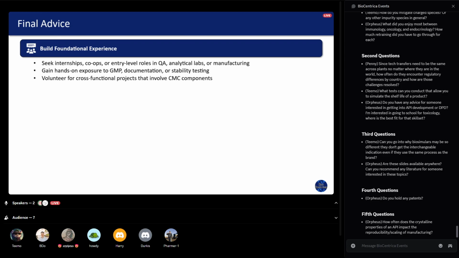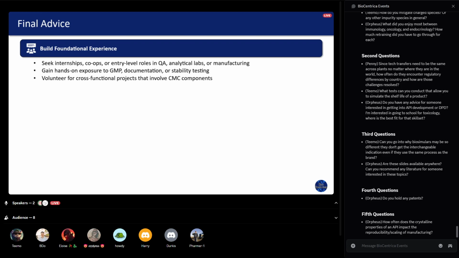Entry-level roles in QA are getting more and more popular, I think, because they'll help you understand the data, how to analyze it, and that whatever the scientists said they did, they actually did. Then hands-on experience, exposure to GMP documentation, stability testing, being able to understand this documentation, and volunteering for cross-functional projects that have CMC components.